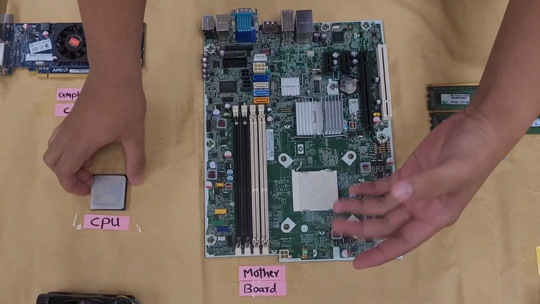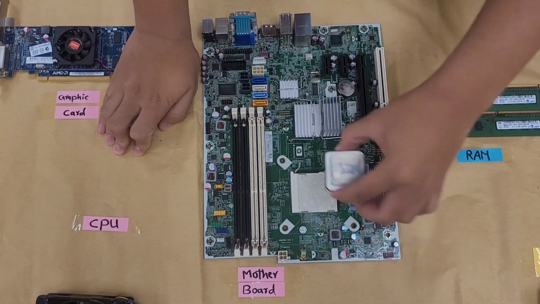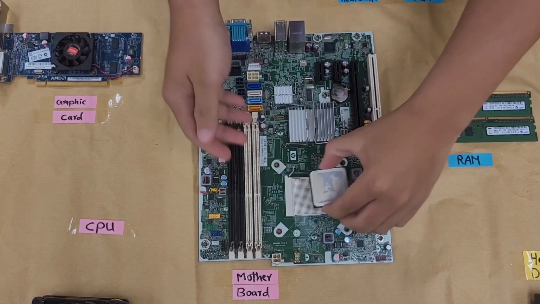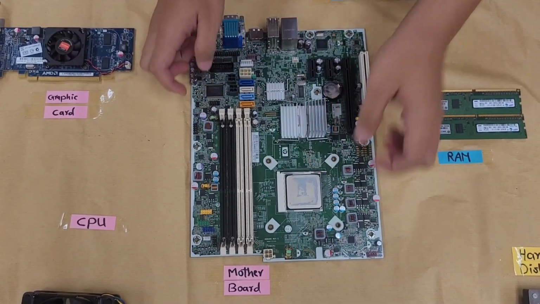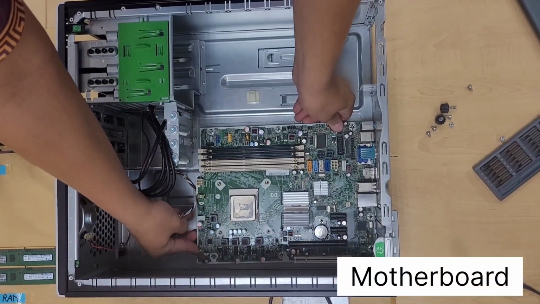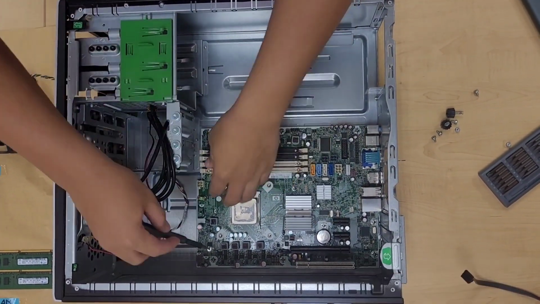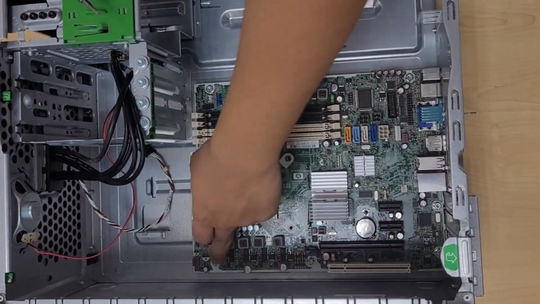Okay, as you can see, for the first step, we must make sure to put the processor back into the motherboard. Make sure to align this arrow with this line equally. Put it like this, and then click. All of this is tight.